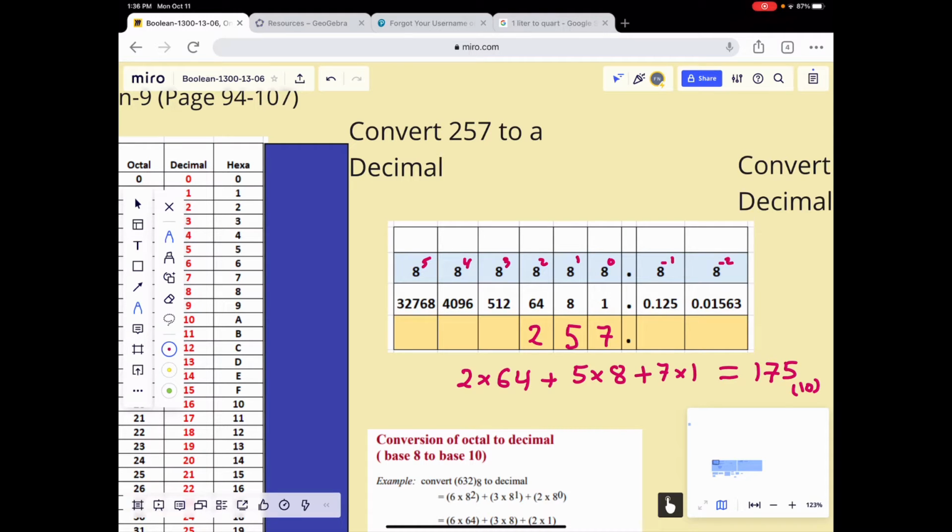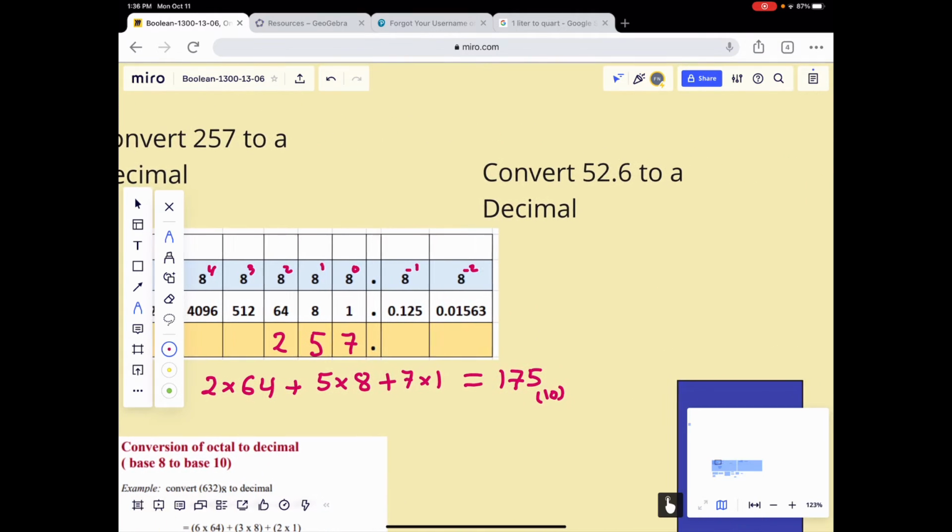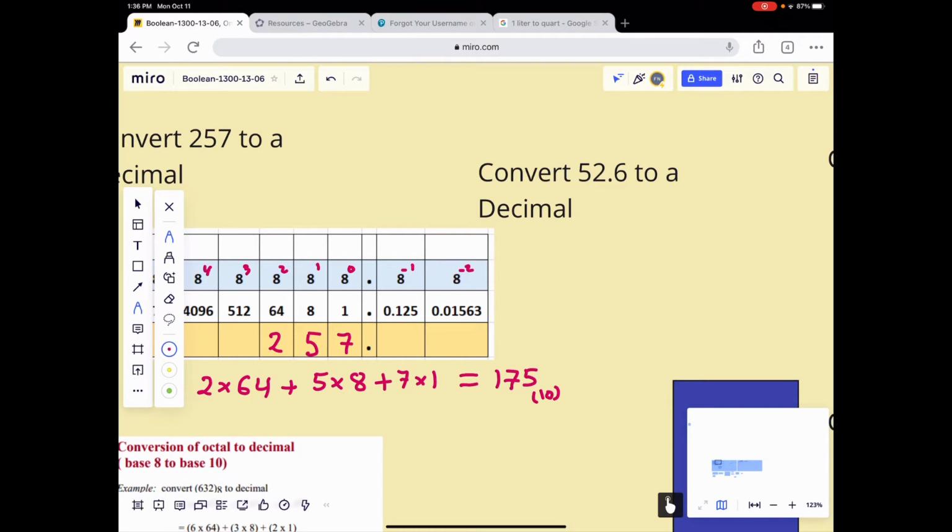For example, if you want to convert 52.6 to decimal, I'm going to erase this one and put down 52.6. So 0.6 is under the place value of 8 to the negative power of 1.